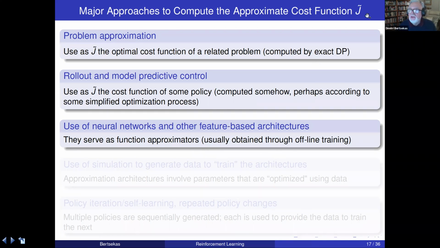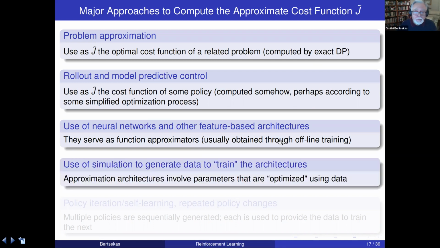So we have a target function J star, and we can use a neural network to calculate a J tilde, provided we can obtain suitable data, perhaps in the context of policy iteration and so on.